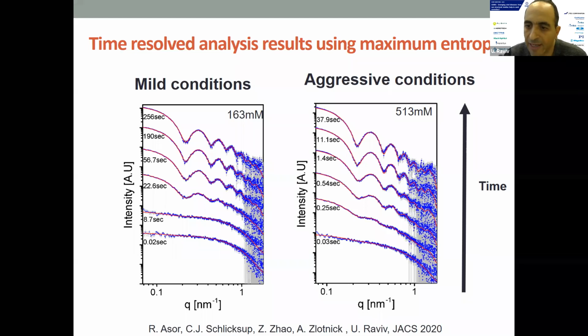To analyze this data, we had to combine maximum entropy optimization algorithms, which correspond to an optimization method with minimal bias. What it means is that it gives you the broadest distribution of intermediates that the data does not exclude.